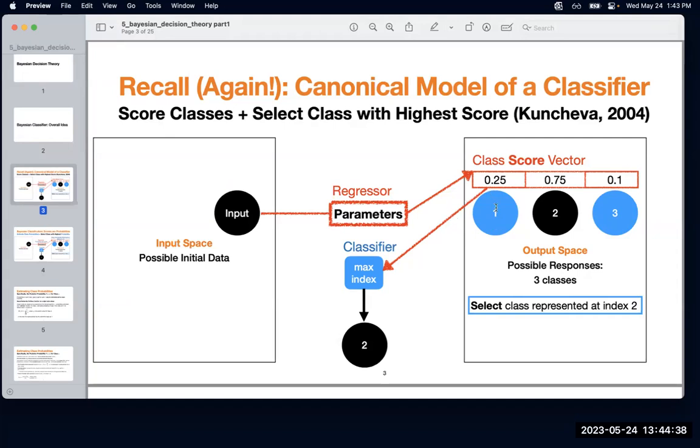Essentially, I would have one regression function being used to generate each of those scores. Based on the output scores that I have, we could use a simple rule by just identifying the one class that would have the highest score among all the scores that we have. After we identify that, that would be our classification. That would be the decision rule that would be used to output a class.